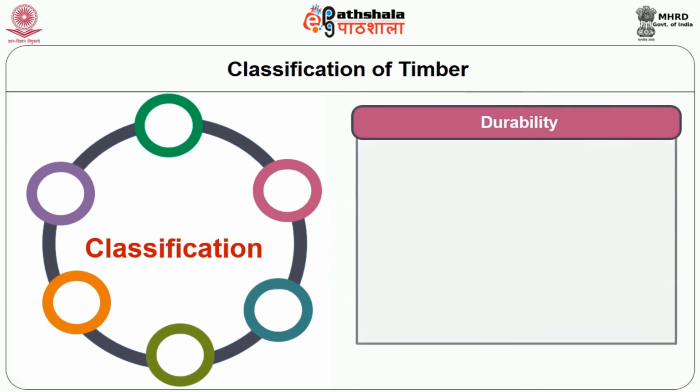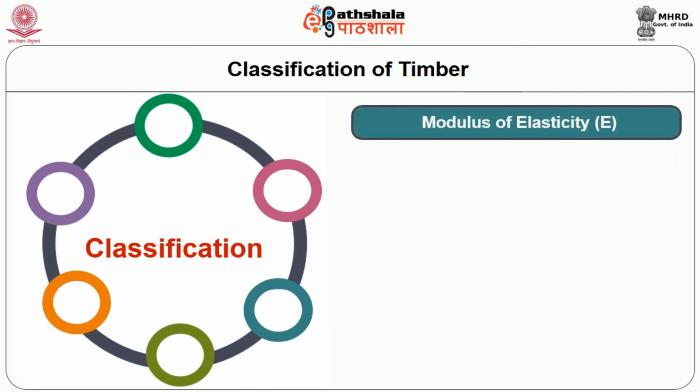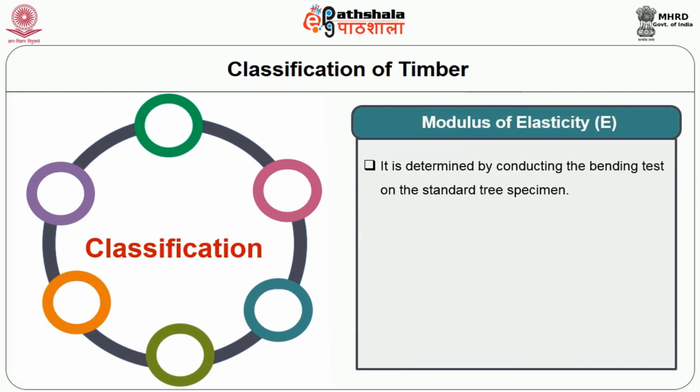Based on durability, they are high durability trees with an average life of more than 10 years, moderate durability trees with an average life of 5 to 10 years, and low durability trees with an average life of 5 years. Based on the modulus of elasticity, timber is determined by conducting the bending test on the standard tree specimen.